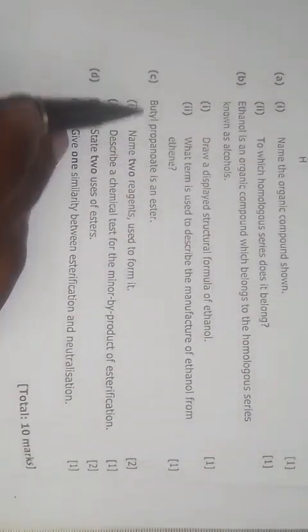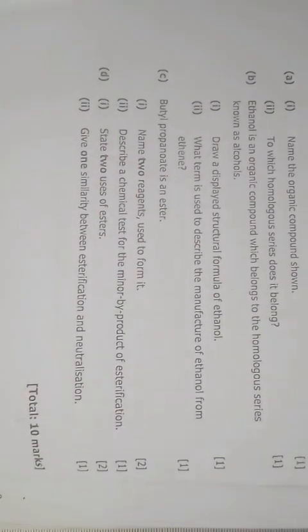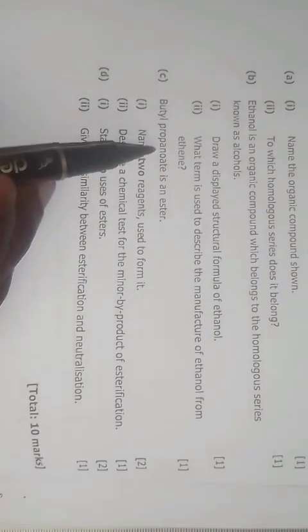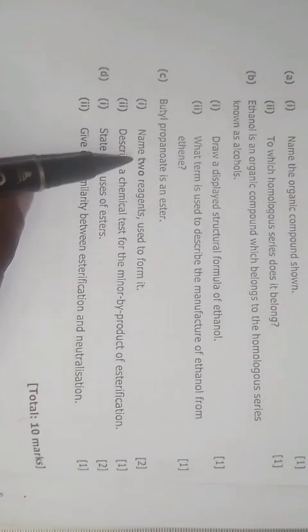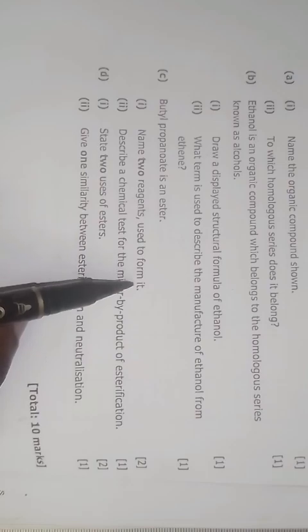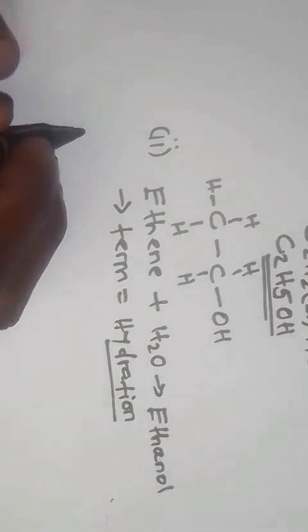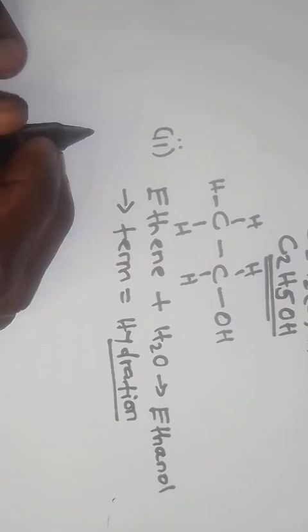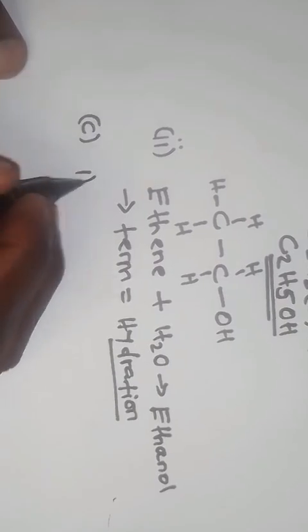And then we go now to C. Now, what is C saying? Butyl propanoate is an ester. Name 2 reagents used to form it. So we are doing C1.